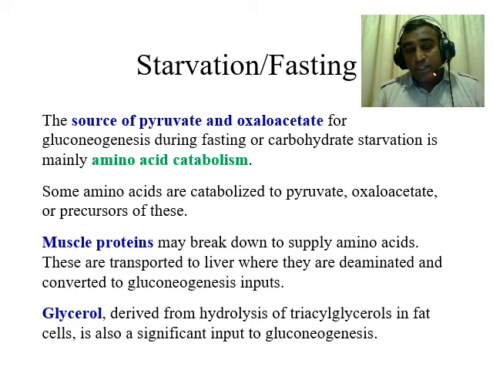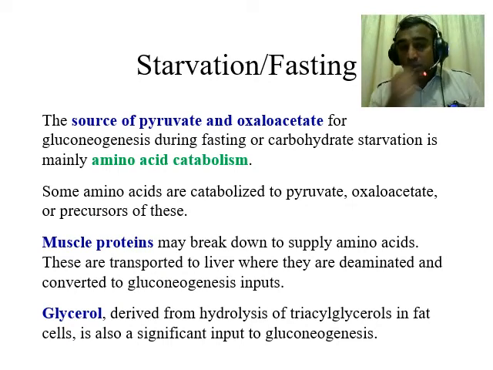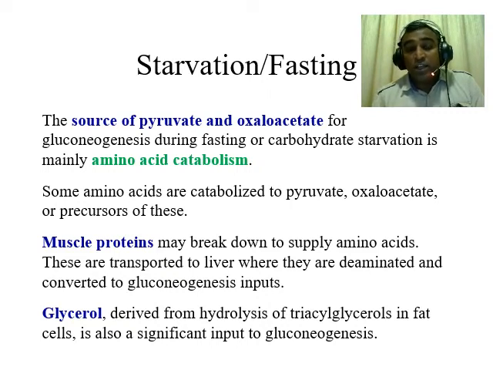Here we see the significance of gluconeogenesis under two conditions, that is starvation and fasting. Starvation is when you are forced to not take any food, and you have no control on when you can start eating again.